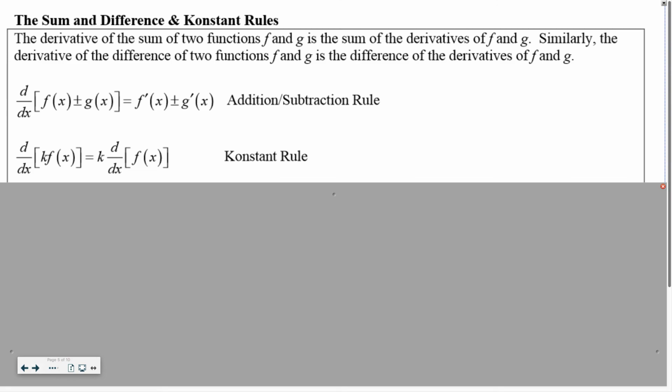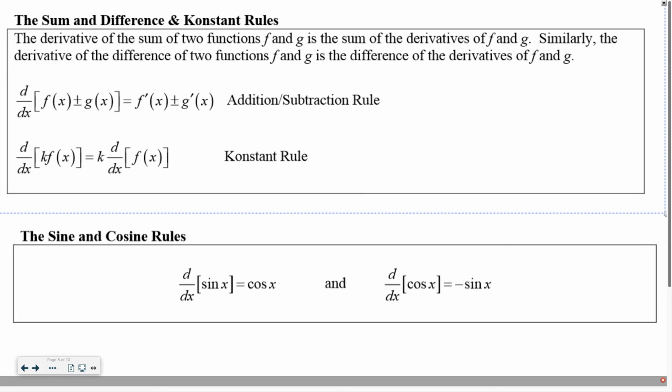This is going to become more important with other rules that we learn. Yes, we will learn other rules so we don't have to do the limit definition every time. Two of those rules are right here. Write them down, circle them, star them, highlight them, because you need to remember them. The derivative of sine equals cosine, and the derivative of cosine equals negative sine.